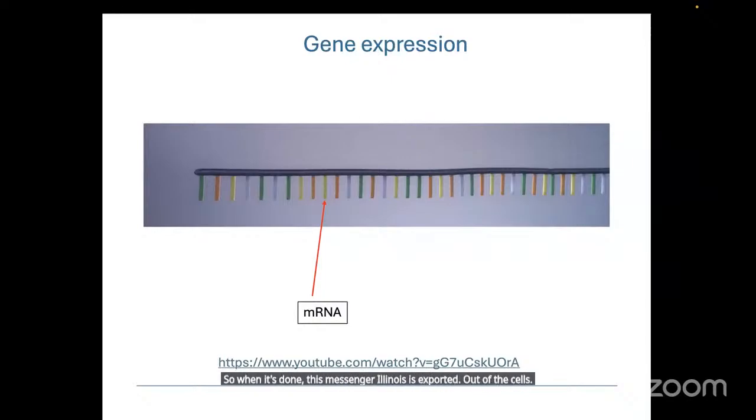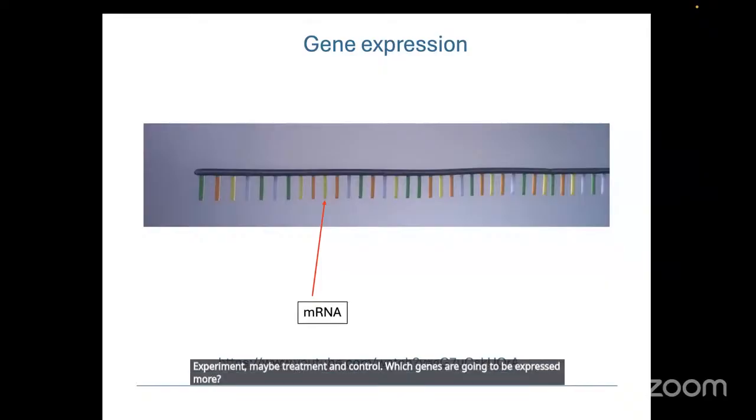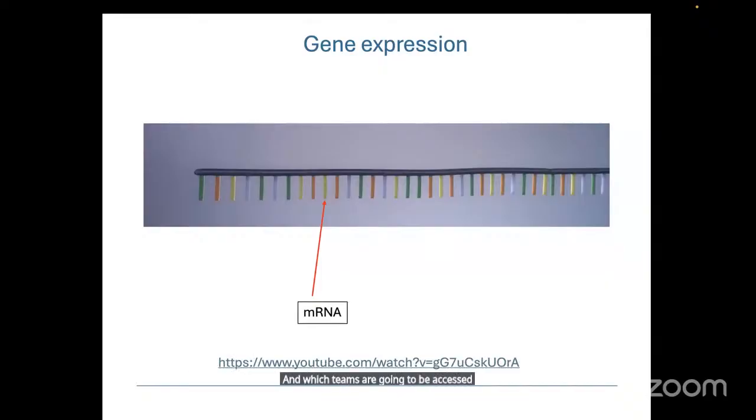When we watched this video, that was only one cell. But we have billions of cells in humans and plants, so those cells are going to be making messenger RNA. The study of RNA-seq is basically to quantify, to tell you that if you have an experiment, maybe treatment and control, which genes are going to be expressed more and which genes are going to be expressed less. And how are we going to find that?